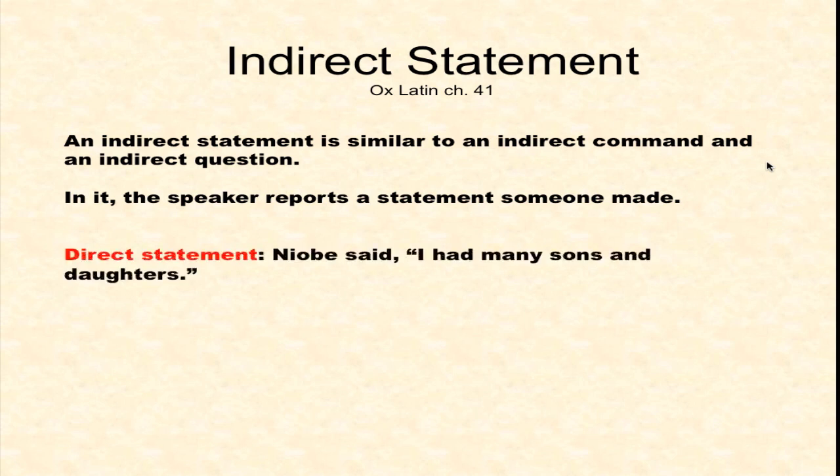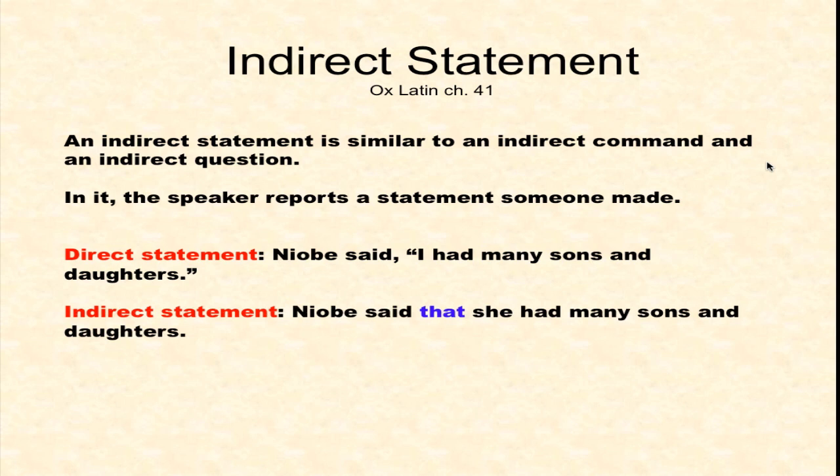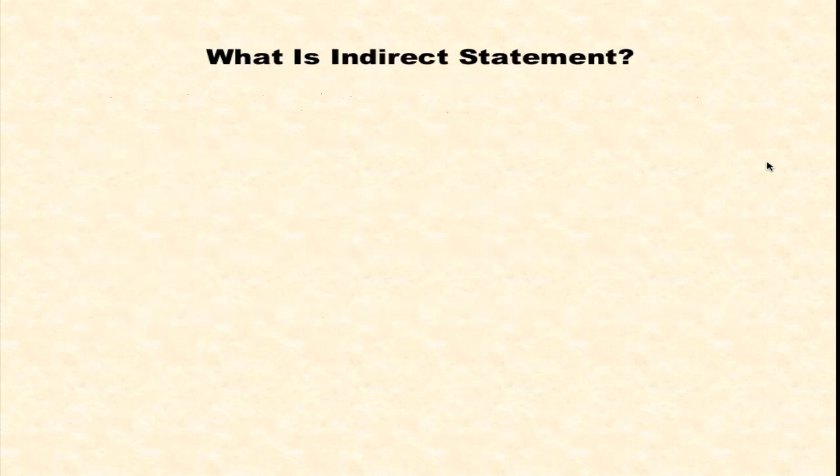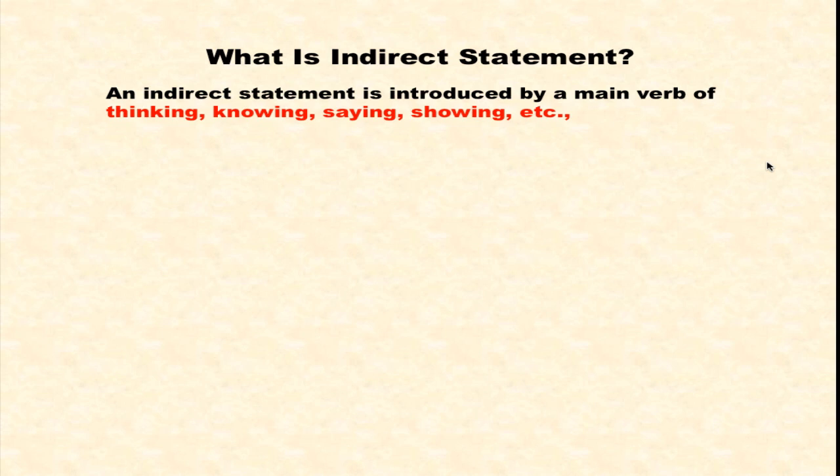For example, if the direct statement is, Niobe said, "I had many sons and daughters," Niobe makes a direct statement there. Somebody else might report that situation as, Niobe said that she had many sons and daughters. An indirect statement is introduced by a main verb of thinking, knowing, saying, showing, and verbs that are like those.